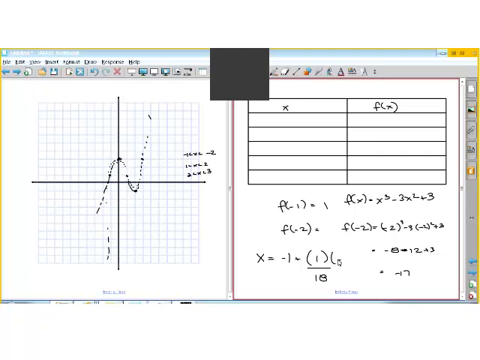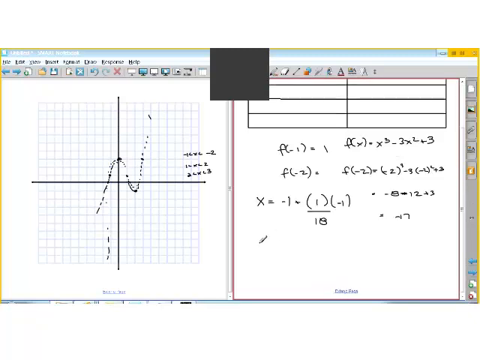And then we're moving -1 in the x direction. So let's try what it is here. -1 minus 1 divided by 18. So I get -1.055.